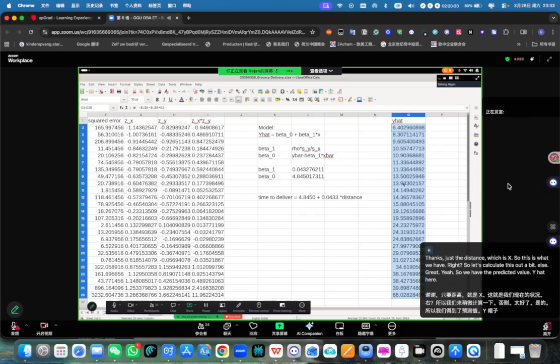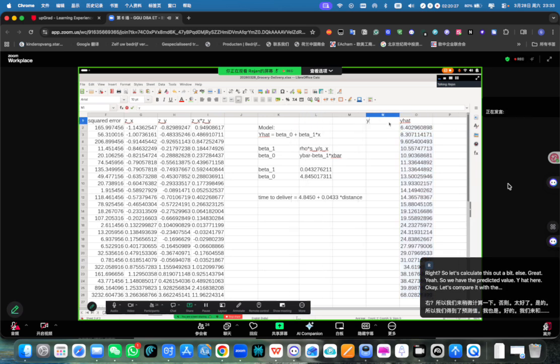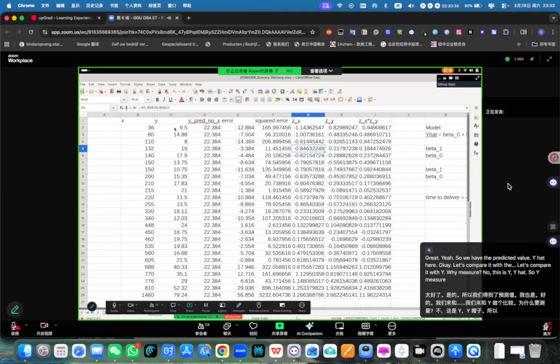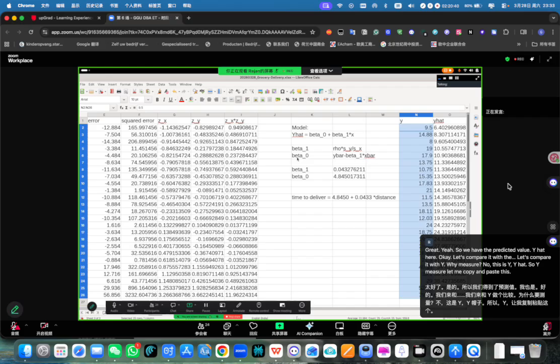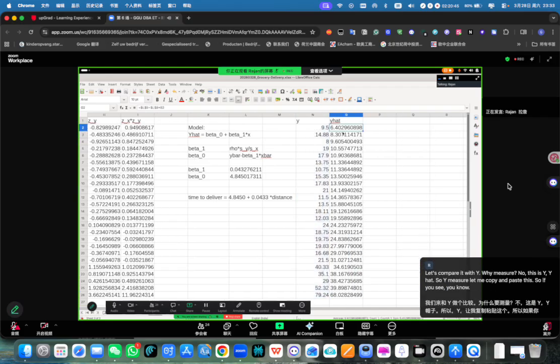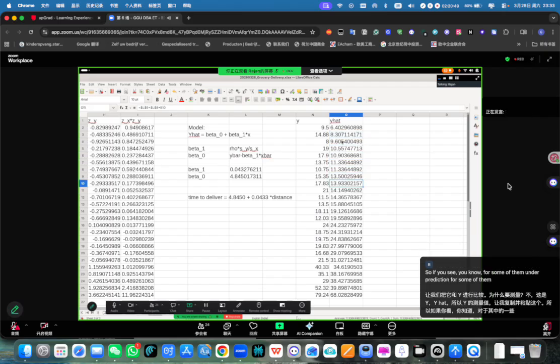Let's compare it with y measured. Let me copy and paste this. If you see, for some of them there is under prediction, for some over prediction, so some positive and negative errors.